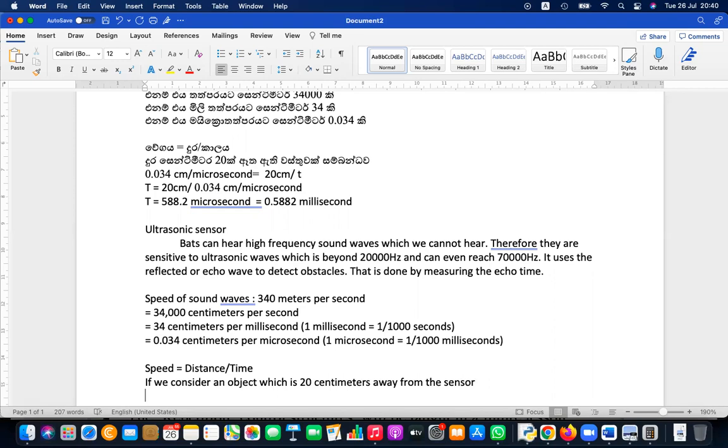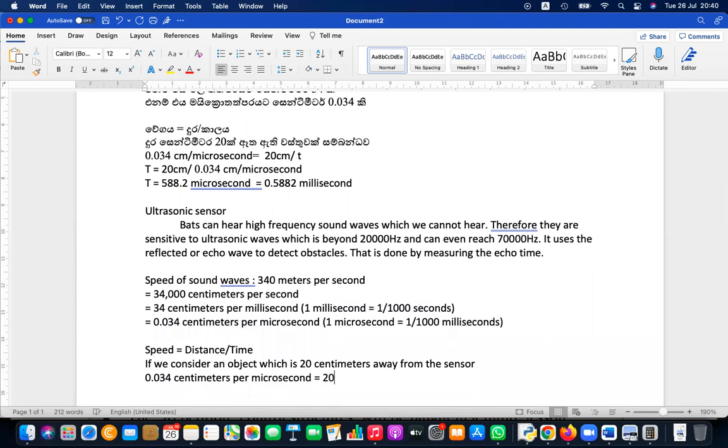The speed is in centimeters per second, and that is equal to the distance, 20 centimeters, divided by the time. The time we don't know, but let's say t.